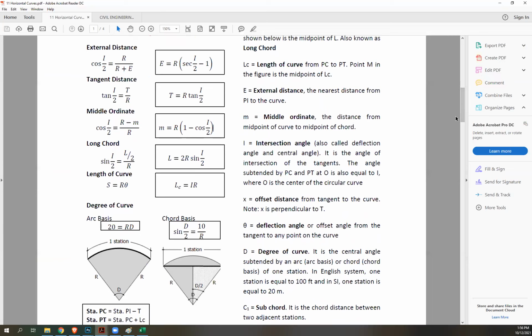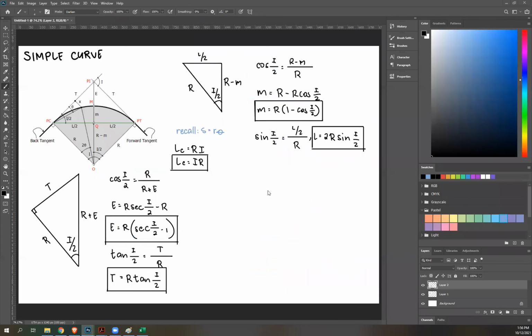Next, our degree of curve. Okay, let's talk about that. Degree of curve just shows how much your curve is bending, how straight or how curved it is. So the higher the degree of curve, the steeper the angle. It could be this, or very flat, or almost flat. Okay, so that's the degree of curve.